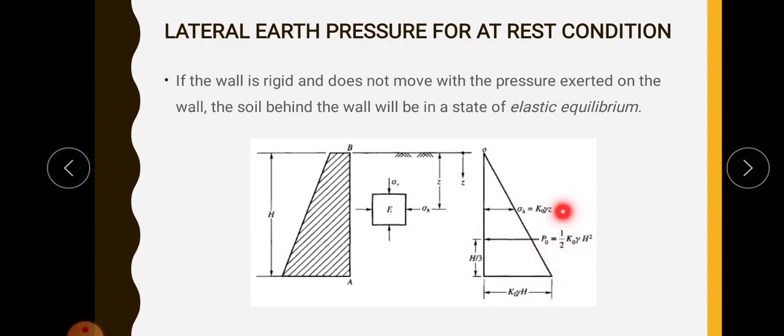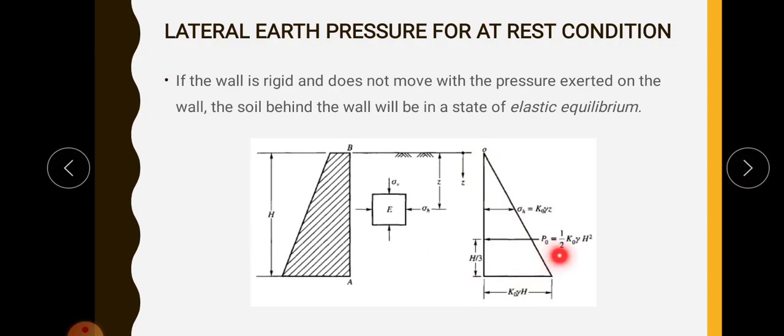Like that we are calculating the earth pressure. So if we want to solve the earth pressure for any retaining wall, first you should draw this triangular variation like this. At the top point there is no stress, it is 0, and at the bottom it will be maximum, and it is noted as K naught into gamma into that total height H. Like that we can draw this triangle. So we can also calculate the lateral earth pressure at any point you want.